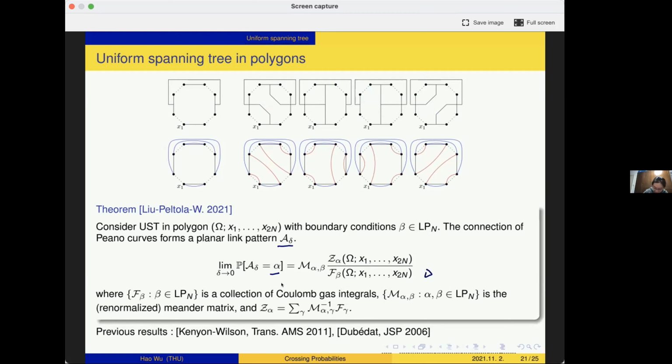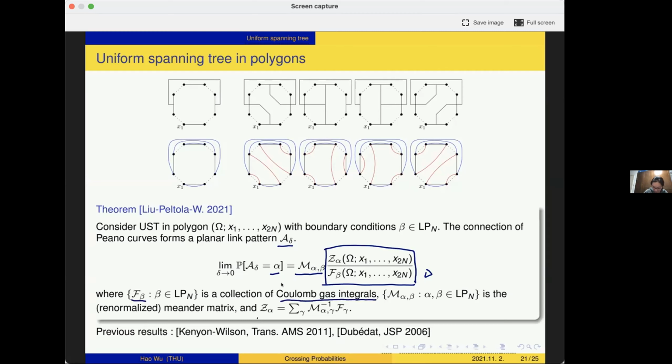Here, M alpha beta is the meander matrix that we introduced before. This coefficient guarantees that the internal connectivities and the external boundary conditions give us a tree. And here later, we have Z alpha over F beta. The denominator F beta is called the Coulomb gas integral.